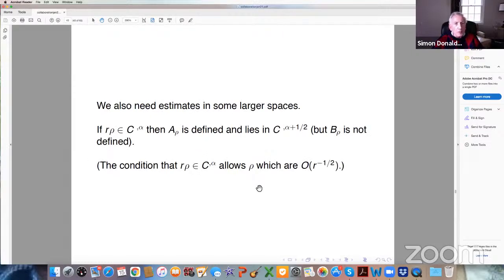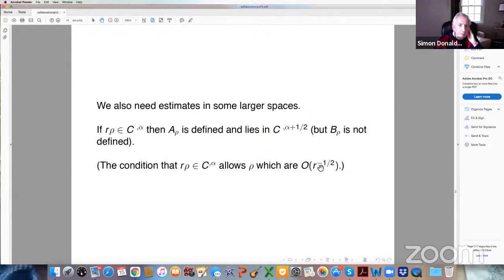So we'll also need some estimates in some other spaces. Supposing ρ, we don't suppose that ρ is in C alpha, but only r times ρ is in C alpha. So this would allow ρ which behave like r^(-1/2), for example.